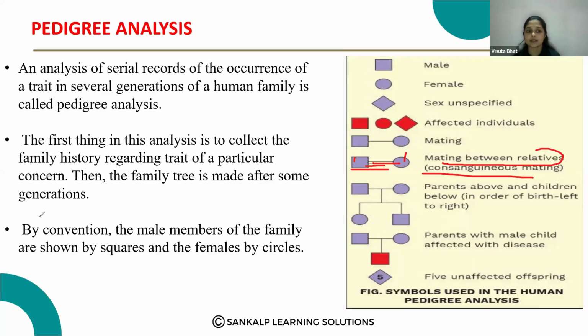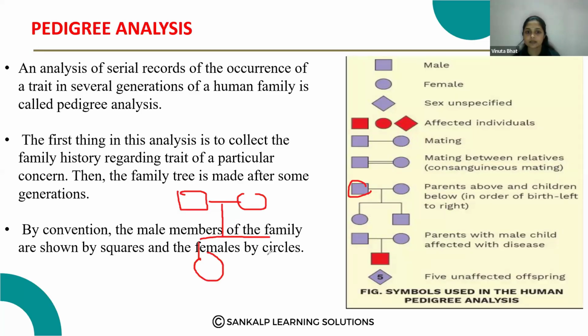Then the next symbol, male and female. There is a line, meaning husband and wife. A line is drawn below this, with one circle and one square.